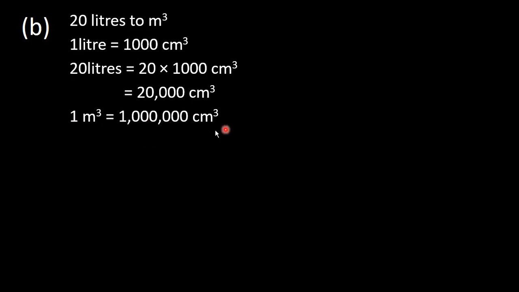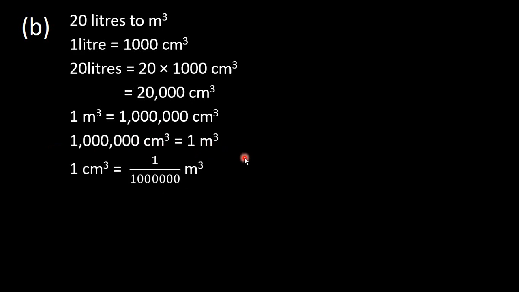If I interchange this, I can start with 1 million cubic centimeters is equivalent to 1 cubic meter. What about 1 cubic centimeter? 1 cubic centimeter is going to be 1 over 1 million cubic meter. And 1 over 1 million is equivalent to, of course, something like 1 times 10 to the power negative 6.